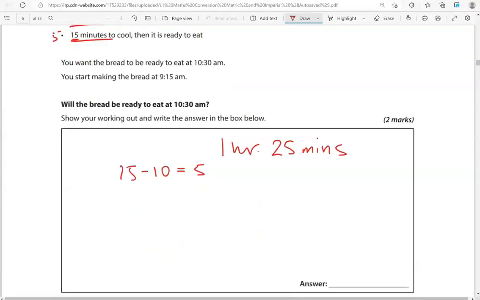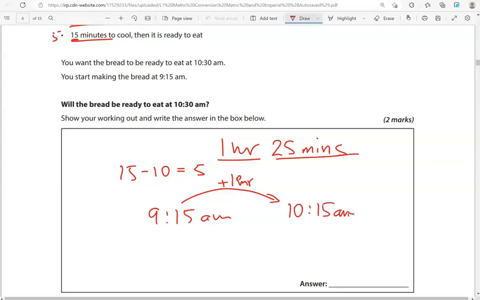So if you start making the bread at 9:15 a.m., we add 1 hour to that. Which takes us to 10:15 a.m. Then we have 25 minutes to that. 15 and 25, that gives us 40 minutes.